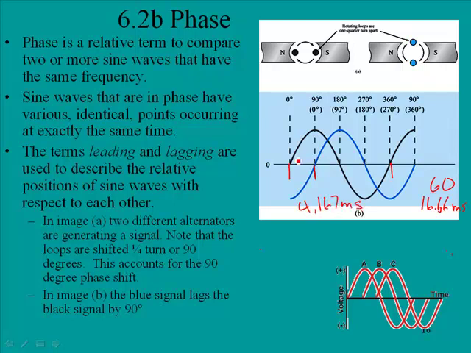So this signal starts, and then 4.167 milliseconds later we have this signal starting, and so this would be the leading and this would be the lagging. In this particular case, the reason that it's lagging is because the generator that is generating the signal is 90 degrees out of phase with the leading signal.